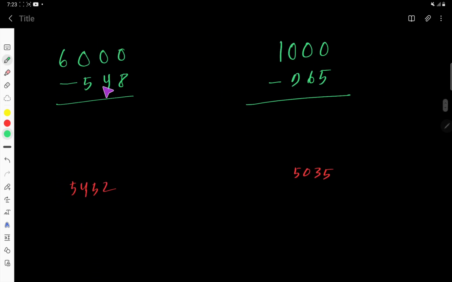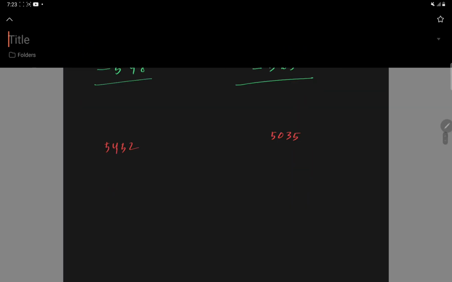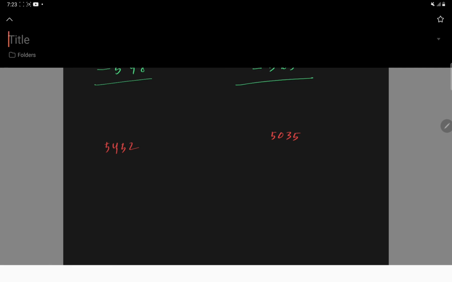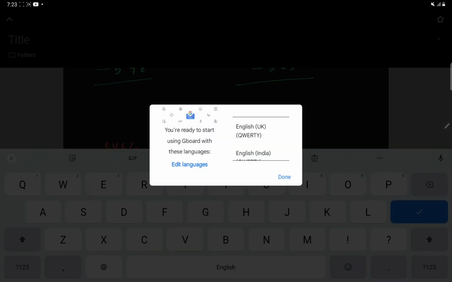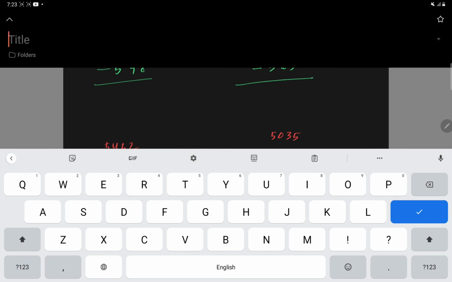Now consider this example. This is 6,000 and we are going to subtract this number, the subtrahend. So this is 0, so go to here, go to here, go to here. 6 becomes 5. So we have to write here 10, just place 1 here.